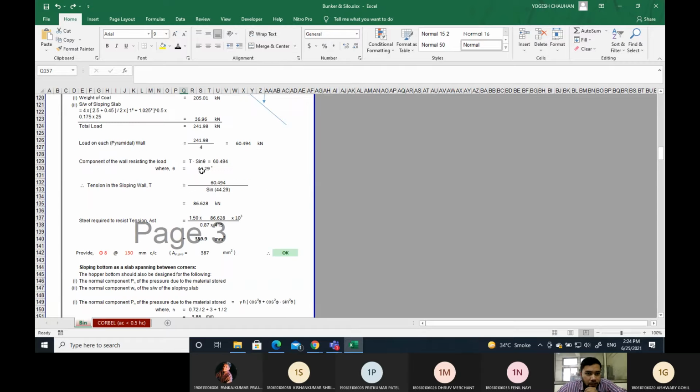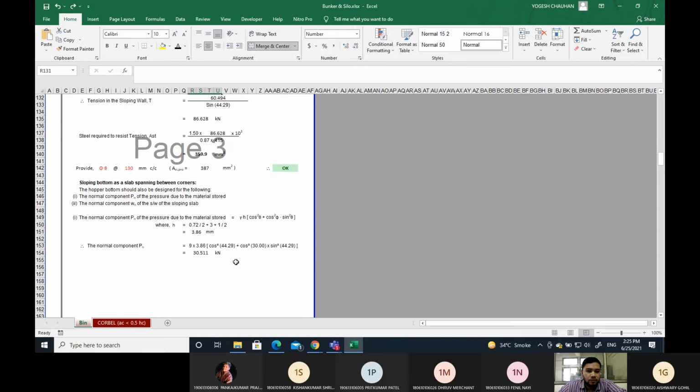Here we have done that in degrees, so it will convert into degree. Here we have to write it in radian instead of degree. So this is the normal component in kilonewton per meter square.